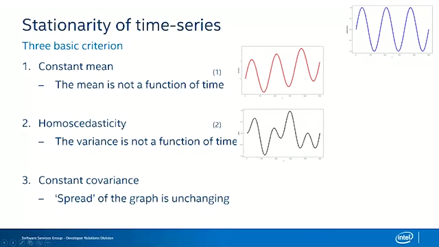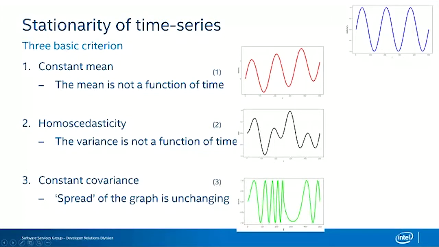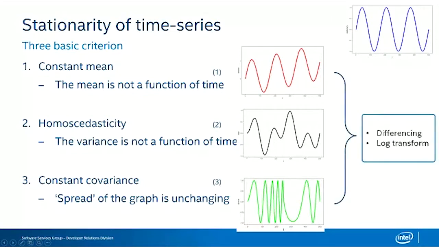If you take the variance of this data and it changes over time, as you can see here, it's not uniform at all. And then you have constant covariance, which is essentially the spread of the graph changing up or down.